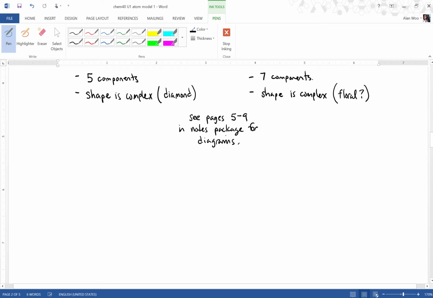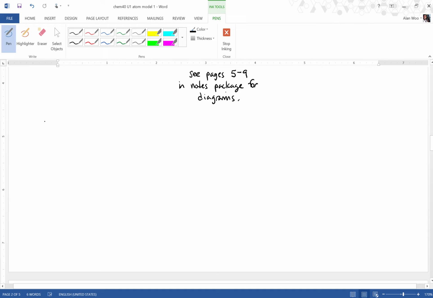So let's look at an example. If I want you to draw an atom using the quantum model, let's pick lithium because we did use lithium before in the Bohr model. Lithium contains 3 electrons, and that's the total amount.